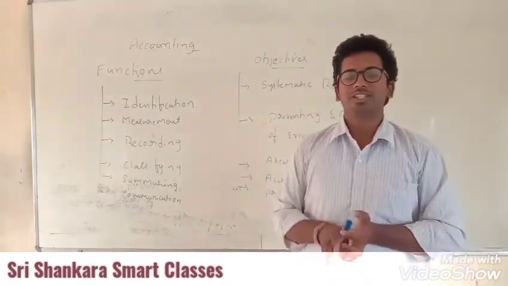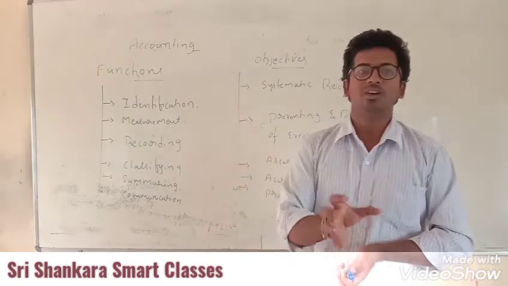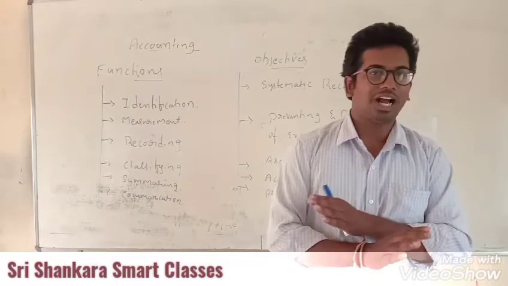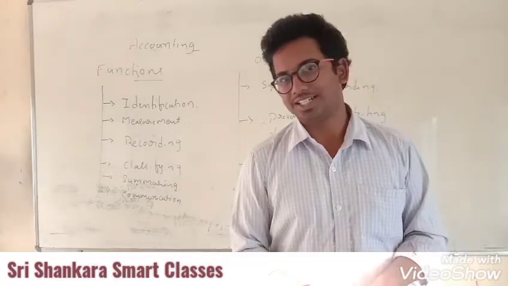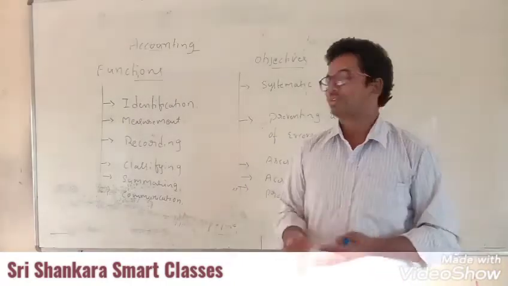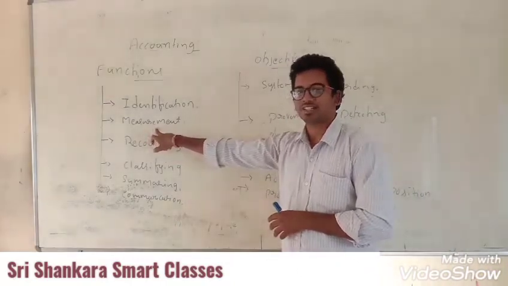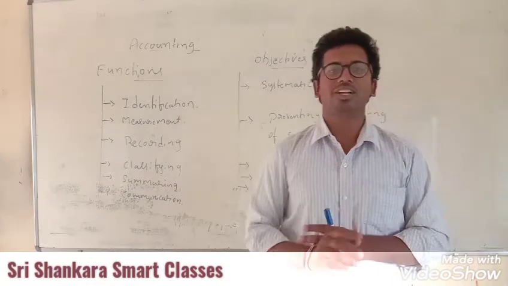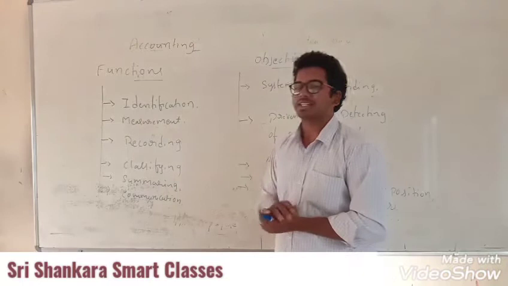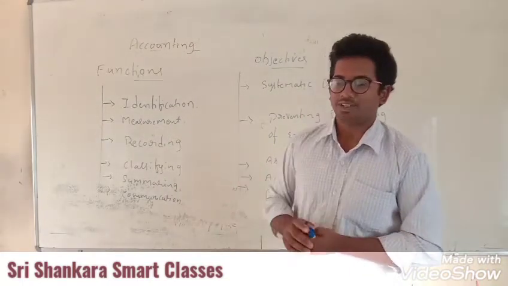Measurement gives a value to each transaction. Without a value, you cannot call it a financial transaction, and it won't be counted for the organization. So measurement is a very important function to define the position and the value of the transaction. That is what we call measurement.